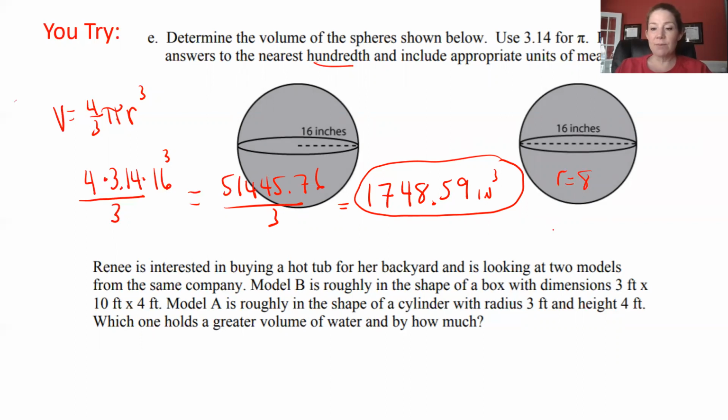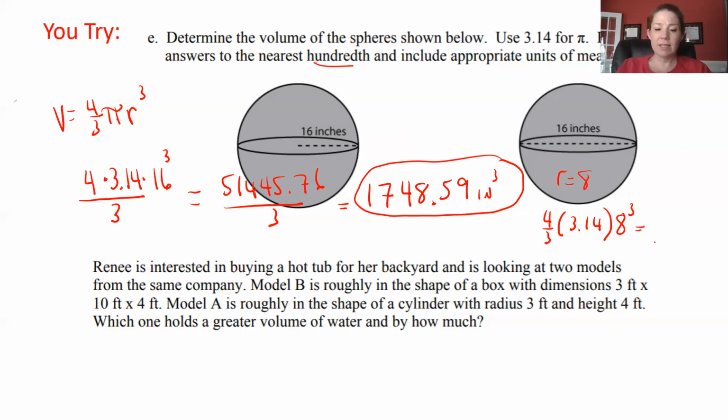All right, so on the second one, we're going to do 4/3 times 3.14 times 8 cubed. So 4 times 3.14 times 8 cubed, divided by 3 is 2,000.